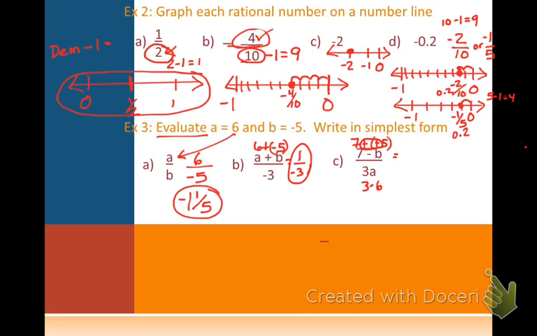And 7 plus 5 is 12. And then we do the bottom part, 3 times 6, which is 18. But that's not simplest form. You need to reduce. So I have to find a number that goes into both. 6 goes into both. So I have 2 over 3. So 2/3.